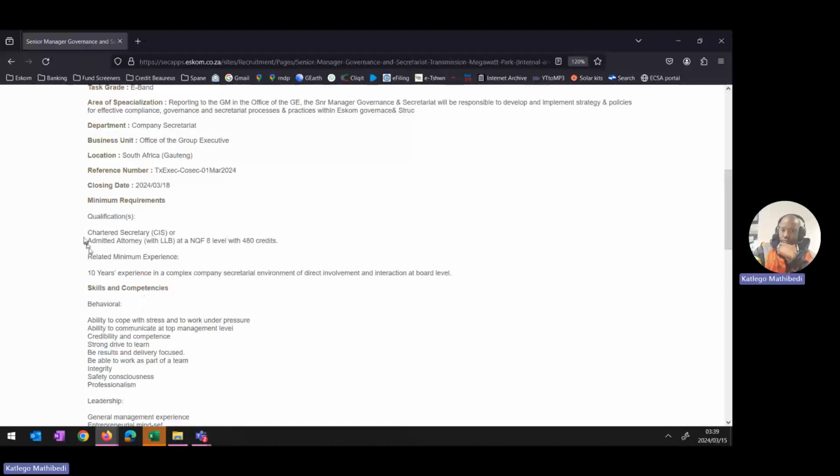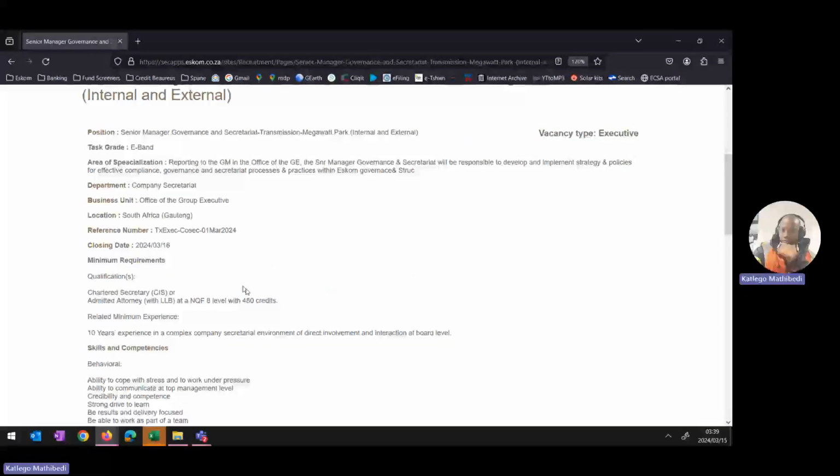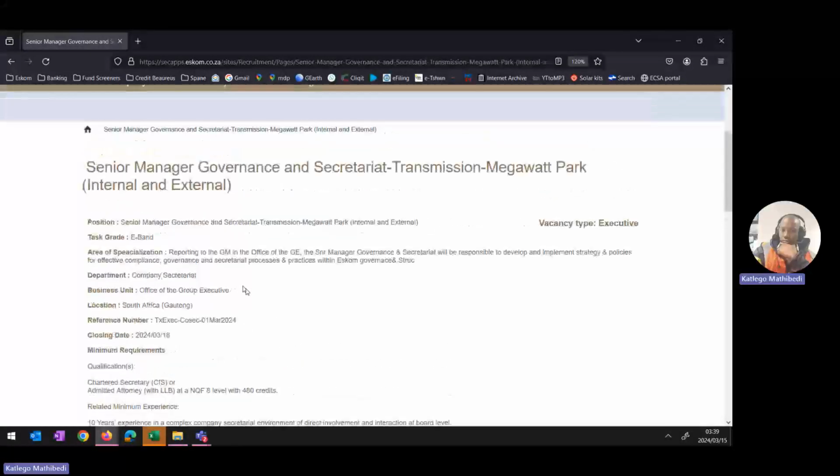And what you would need for this post, you will need to be a chartered secretary or an admitted attorney at NQF level 8 with 10 years of experience in a complex company secretarial environment. So you need a lot of years, not just average years. So you need to be at a high position for about 10 years at a senior position for this post.